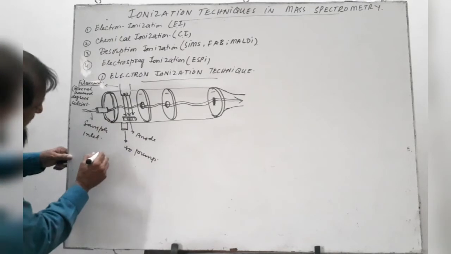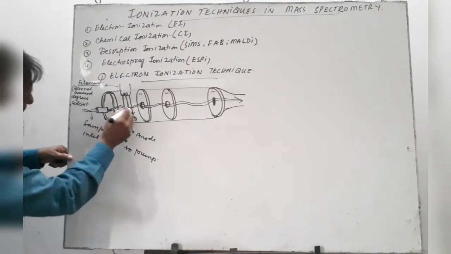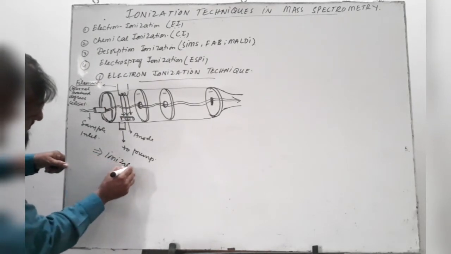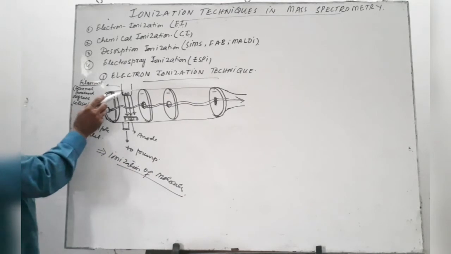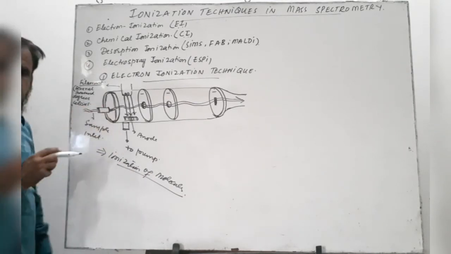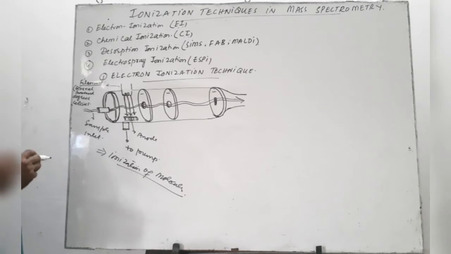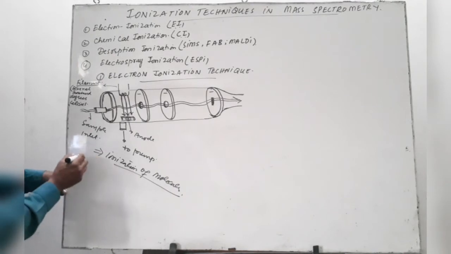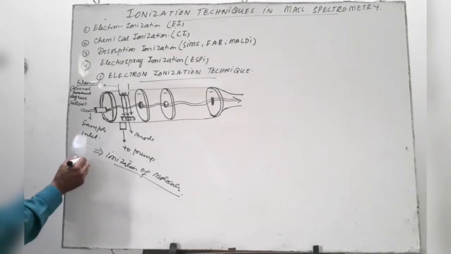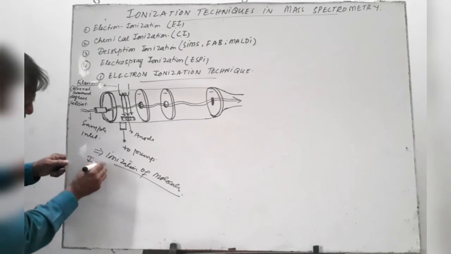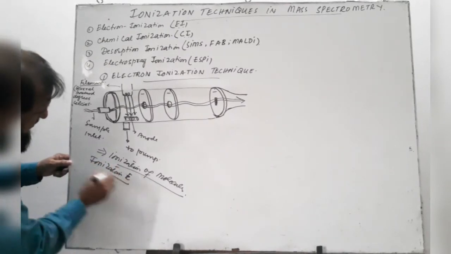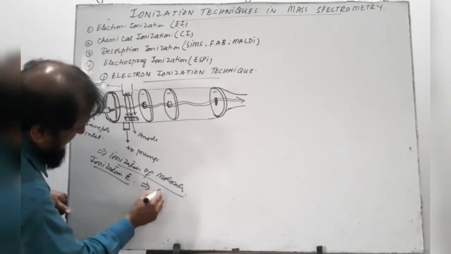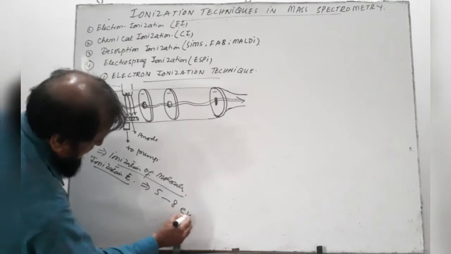The molecular ions are produced by the ionization of molecules. As electrons hit the molecules and cause their ionization, this type of ionization is known as electron ionization. The minimum energy required to ionize a molecule is known as ionization energy. For most organic molecules, the ionization energy is in the range of 5 to 8 electron volts.